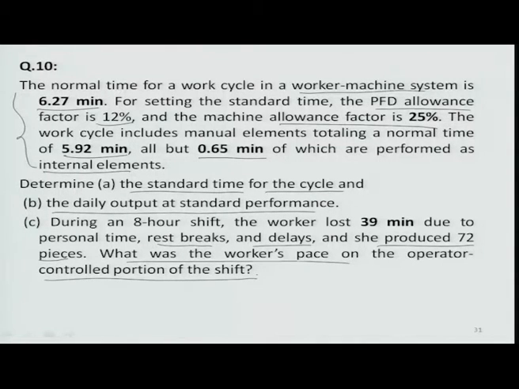So again we will first solve part A and part B, then we will come to part C. In this question, given that the normal time for a work cycle is equal to 6.27 minutes, PFD allowance is equal to 12% and machine allowance factor is equal to 25%.